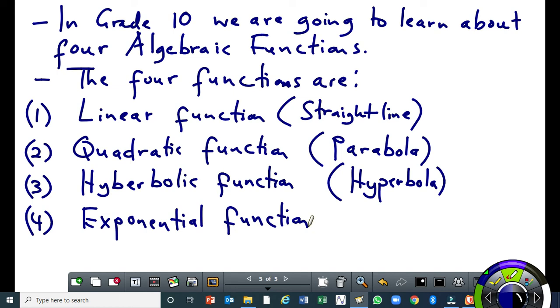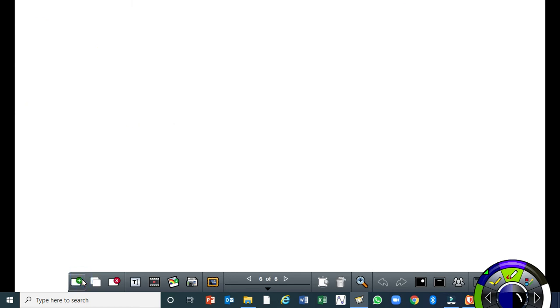So let's start with number 1, the linear function.